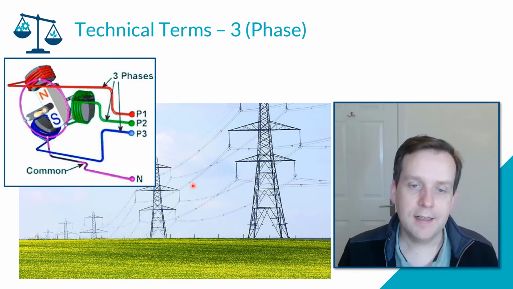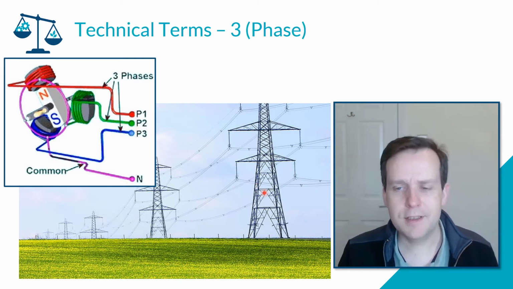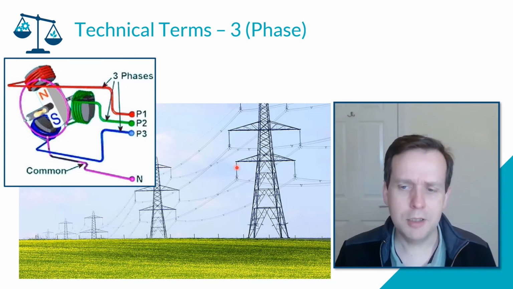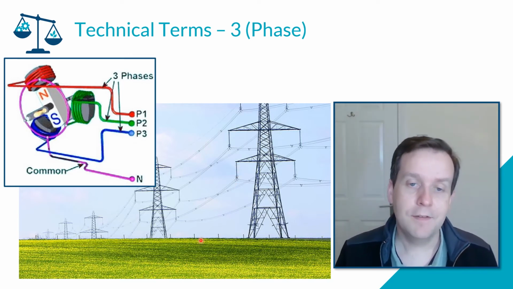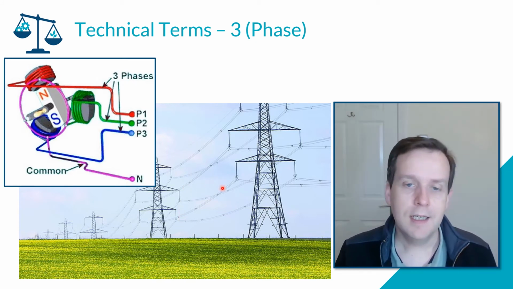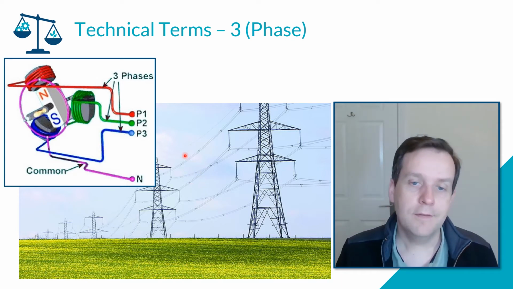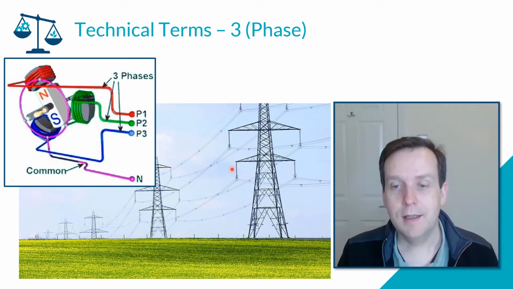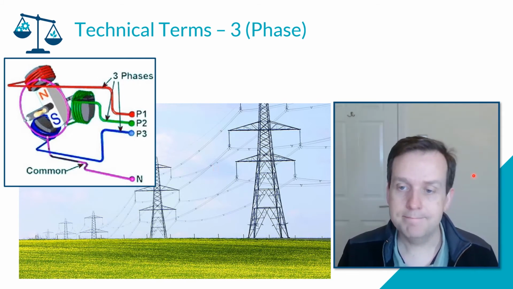So it is phase 1, phase 2, phase 3, or red, green, blue, and there are different colors, brown, grey, blue perhaps, for denoting three-phase supply. And the reason we send three-phase supply is that for industrial applications it delivers more power than a single-phase supply.